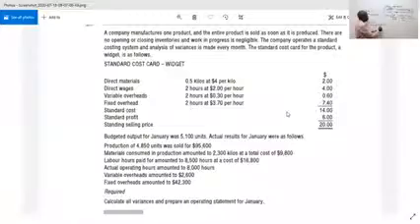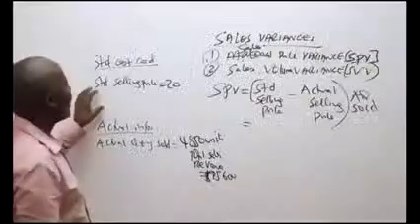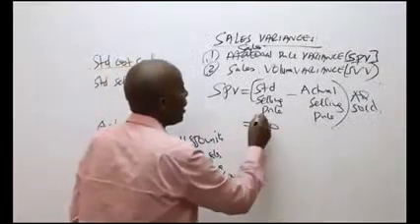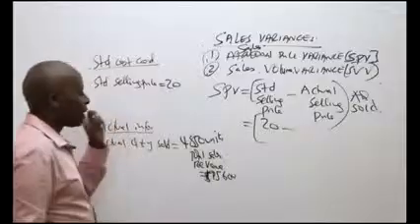And we are told that the total sales revenue equals $95,600. Now, out of this, I'll be able to get my parameters very well. I will start with the standard selling price, which is 20, minus the actual selling price.